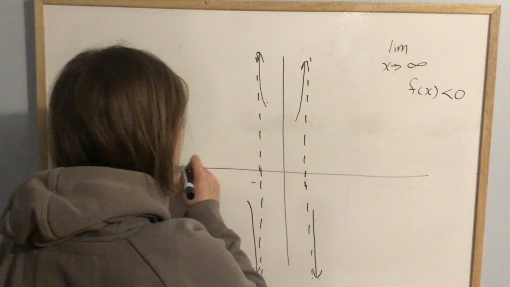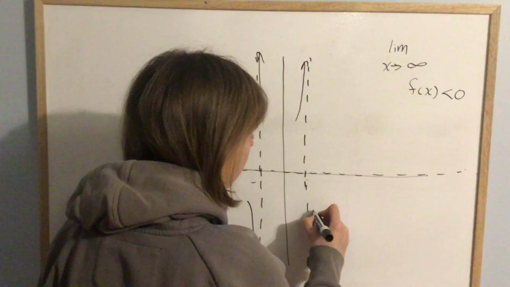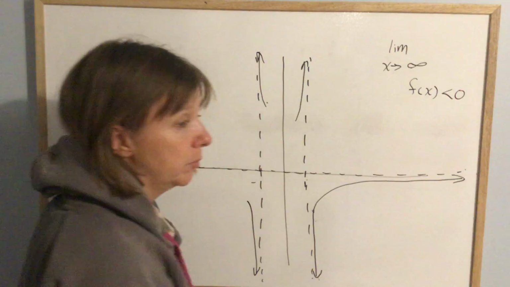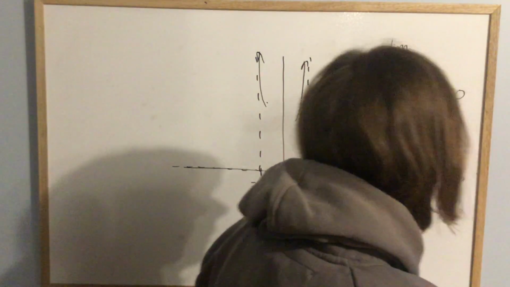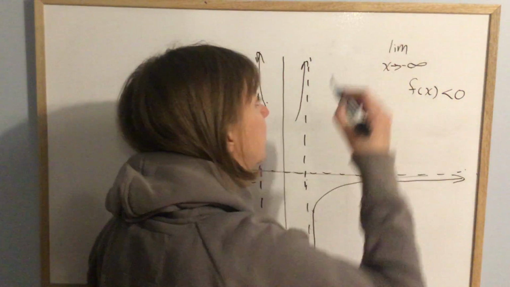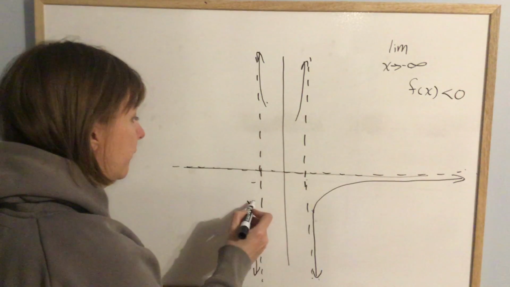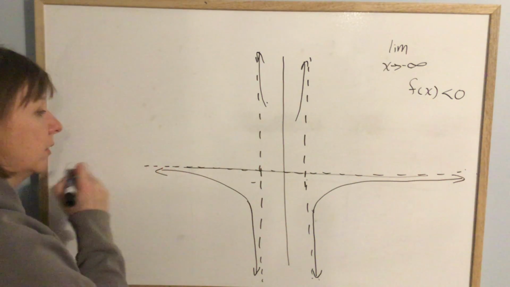So here's 0 right here, meaning there must be a horizontal asymptote there. So it's less than 0 as it approaches infinity. They say the same thing about -infinity. As we approach -infinity, the graph is less than 0. It is below the 0 line.